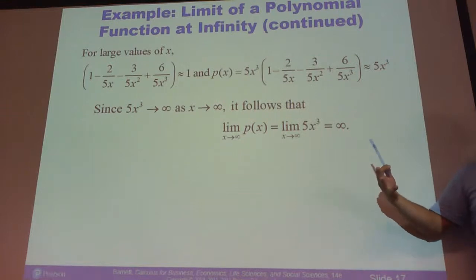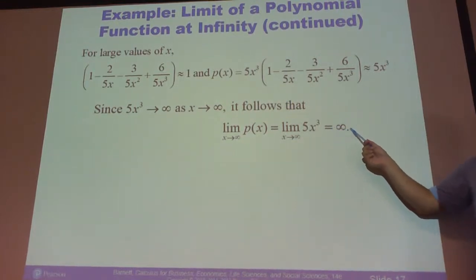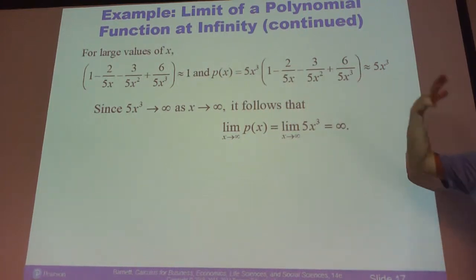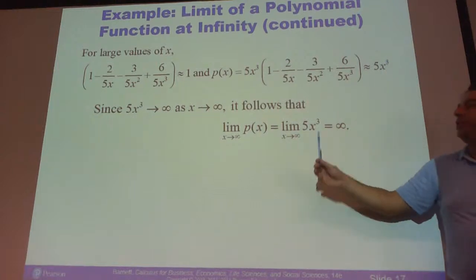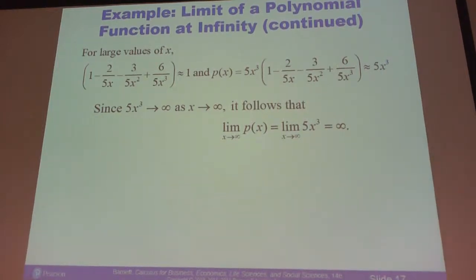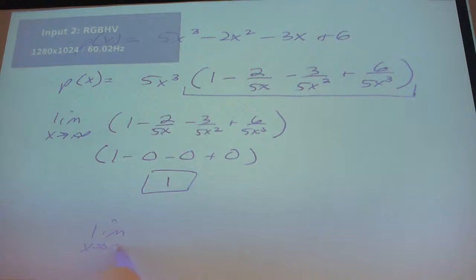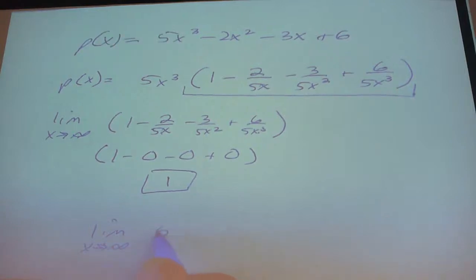A huge number times 5 really just ends up being infinity. And again, you could have just plugged infinity into the original and you'd see it's huge, which means it's going to be infinity anyways. But they're trying to focus on the lead coefficient here. Everything else just turns to 0 with that 1. So what this all ends up saying is the limit as x approaches infinity of 5x cubed ends up being infinity.